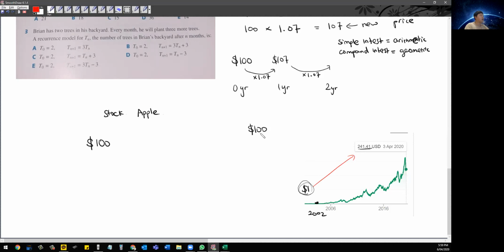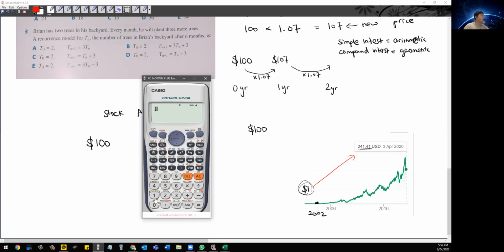Imagine investing $100, then right now it'll be worth 100 times about 241, so $24,000. That's a lot, right? If someone invested $1,000, it would now be worth $241,000. That's a huge jump.